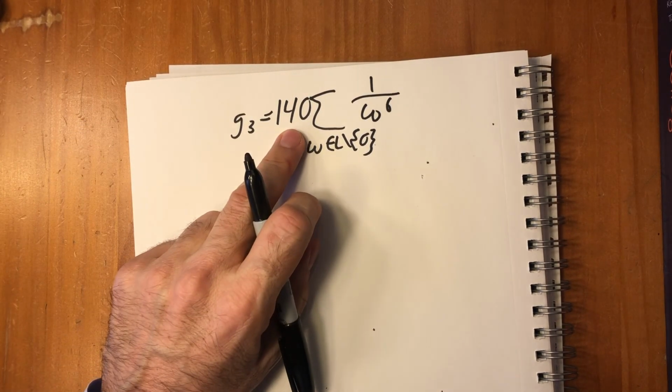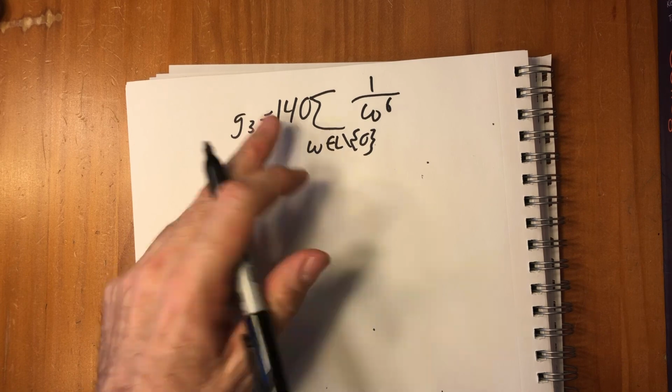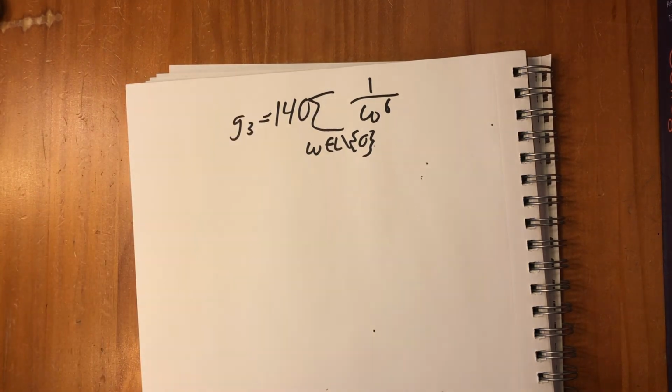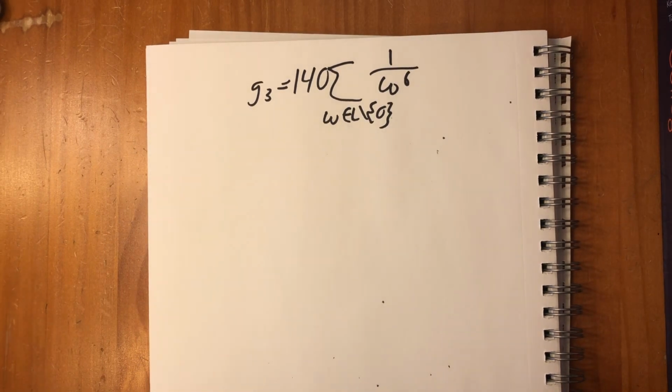And these numbers have to do with the fact that as you're taking the derivatives, you sort of add up or multiply the coefficients. So that is it. We're there.